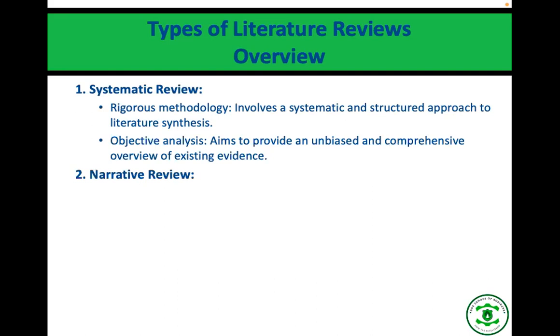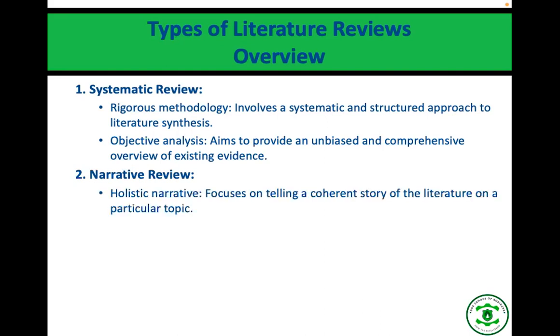Another type would be a narrative review. Now, for a narrative review, we want to tell a story in a holistic way. So telling the story may not follow a very rigorous approach. Now, there's a difference between following a rigorous approach in a systematic review and providing a holistic narrative by focusing on telling a story. Most often than not, telling a story involves some level of what? Subjectivity.